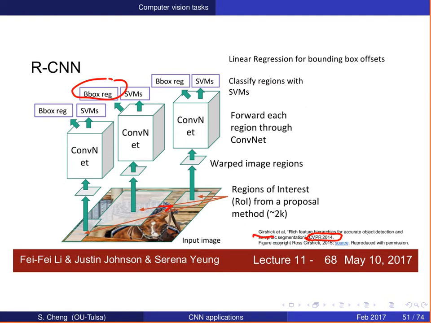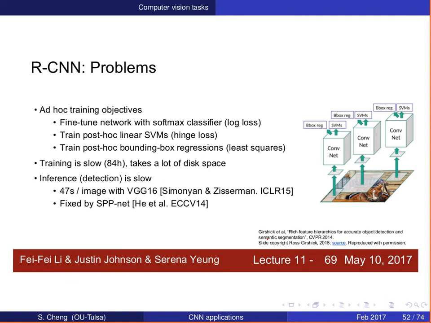And then later on, actually, first let's look at some of the problems here. Actually the problem is very similar to the sliding window. Even though we don't have as many windows to try as in sliding windows, still we have lots of region proposals, like 2,000 of them.